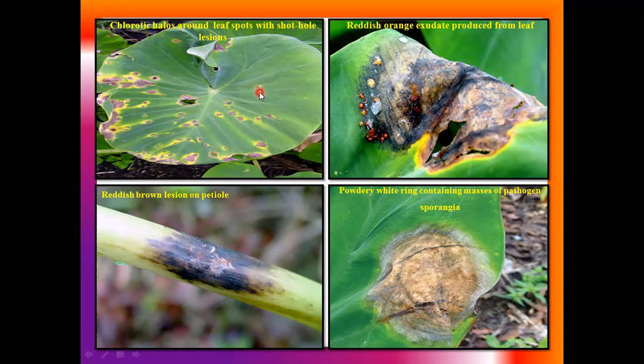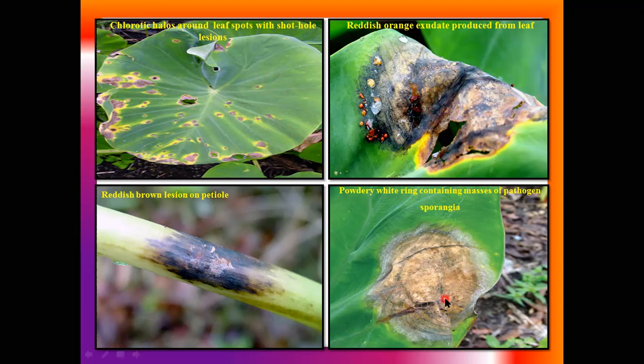The center portion of these spots may be brown, green, or somewhat black in color, and such brown spots are surrounded by yellow halo margins. Okay, so these symptoms are mainly seen on the leaf portions.